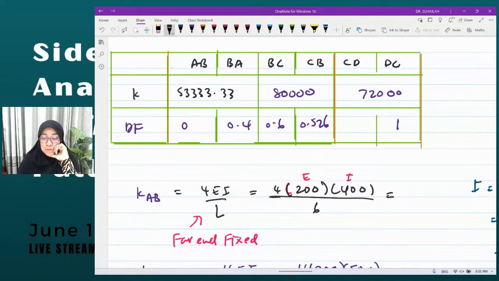So 1 minus 0.526 for the CD value. The FCD is 1 minus 0.526, which is 0.474.